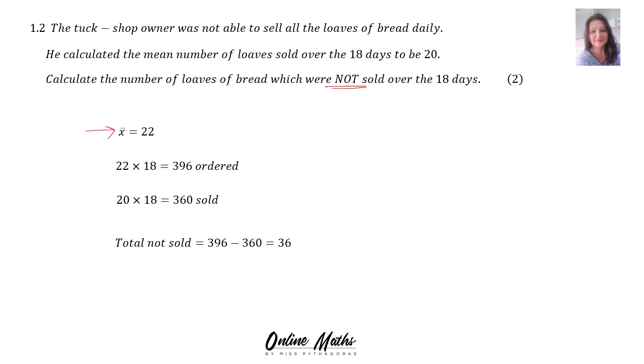So if you take the 22 times the 18 days, 396 were ordered. 20, which was his mean, times the 18 means 360 were sold. So the total not sold is 396 minus 360, which is 36 loaves of bread not sold. 2 marks.